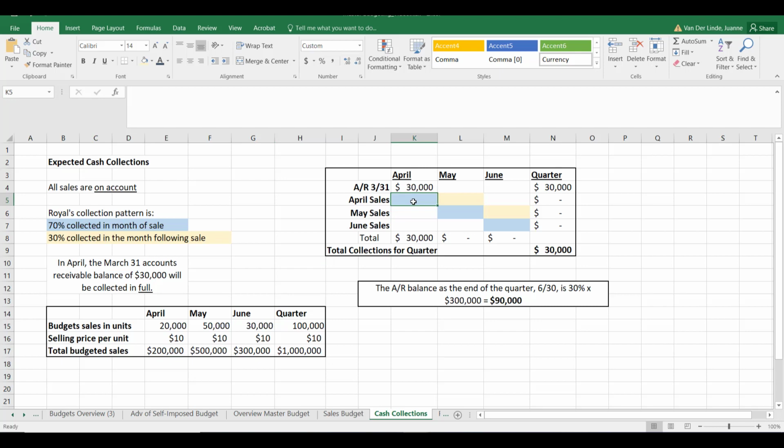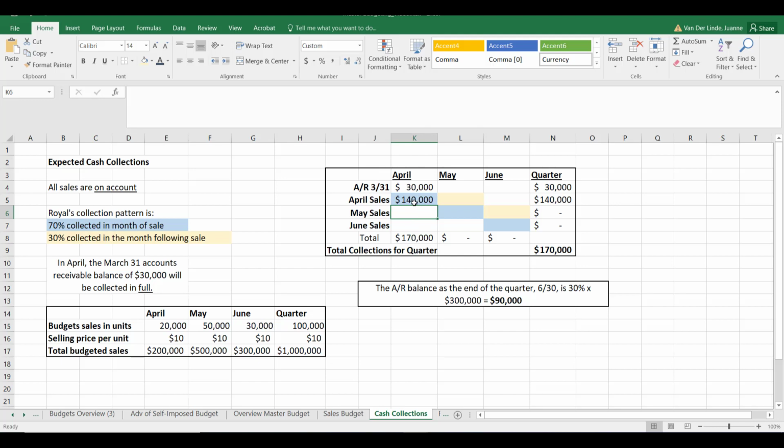So we're simply going to take 70% times this $200,000 here. That gives us $140,000 that we anticipate we will collect in April from April's sales. So the total cash collections we anticipate for April is $170,000.